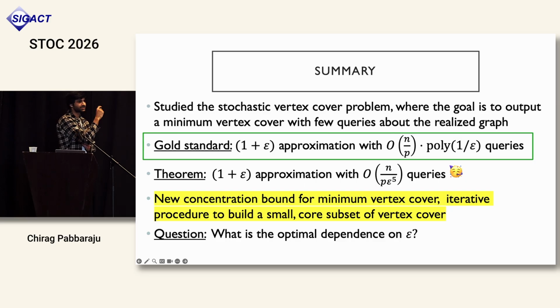Getting something that's e to the minus epsilon squared times n was known before. For our purposes, we needed it to be not n, but opt of this problem. So it's multiplicative in that sense, but in terms of opt.